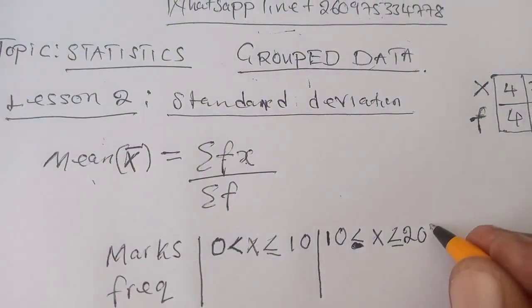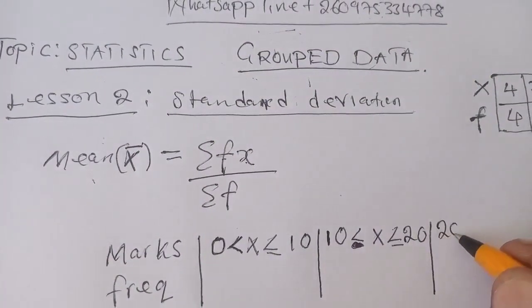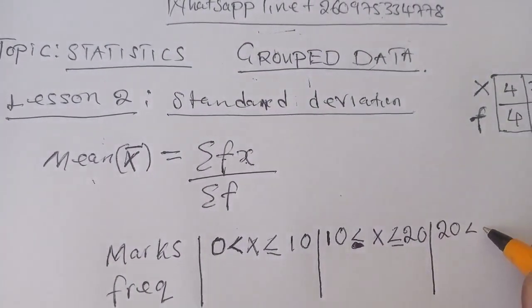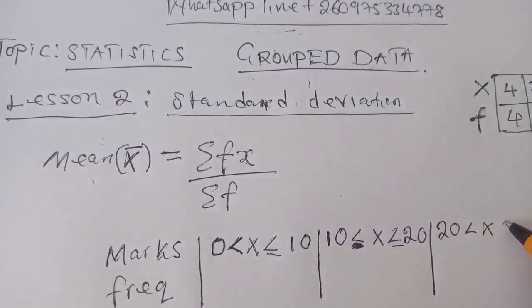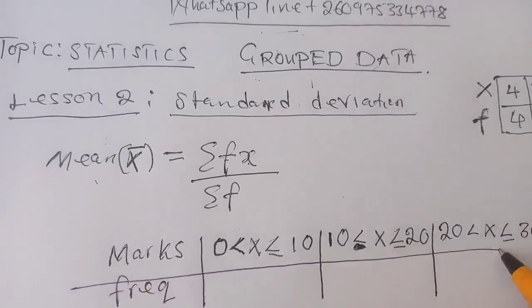It comes something like this: less than x, less than or equal to, let's say 30 here. Just these three.